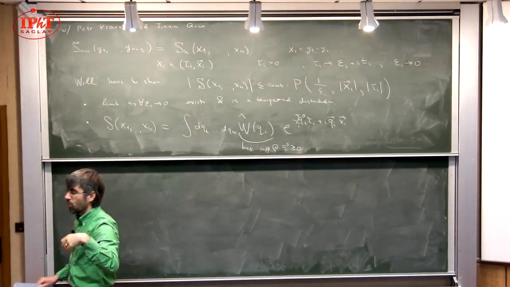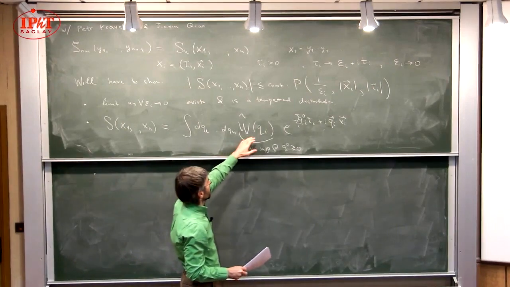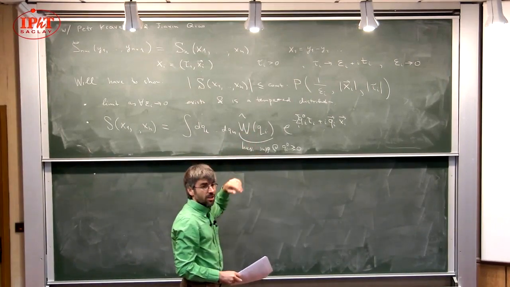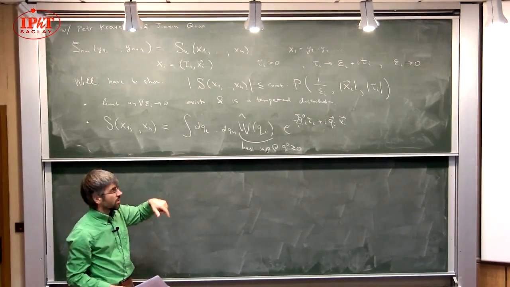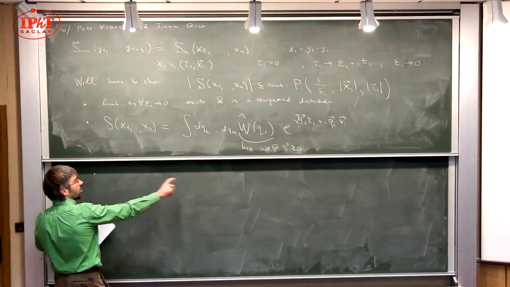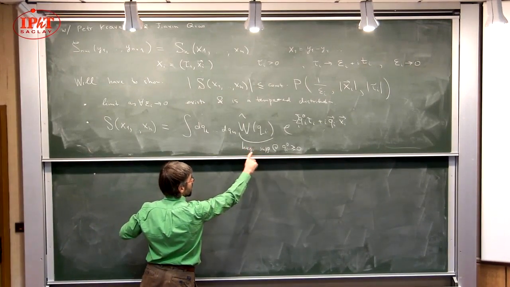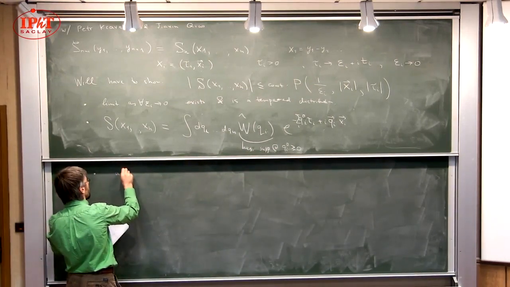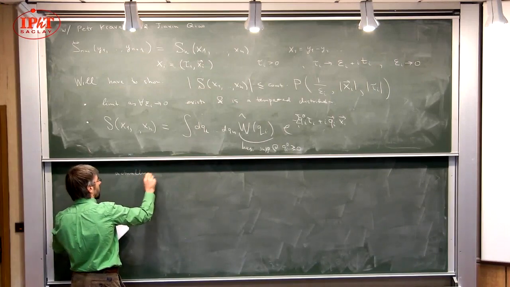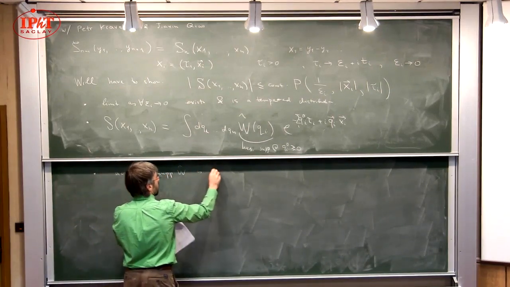But I would actually like to know more. As you remember, in relativistic quantum field theory, the support of the Wightman distribution's Fourier transform is in the forward light cone. So I claim that not only is the support at positive energy, but actually the support of W hat is in the forward null cone.